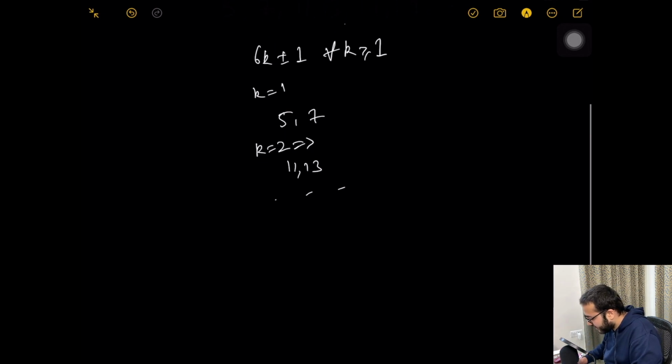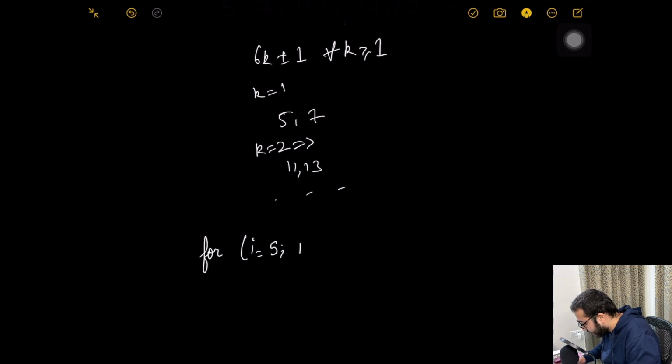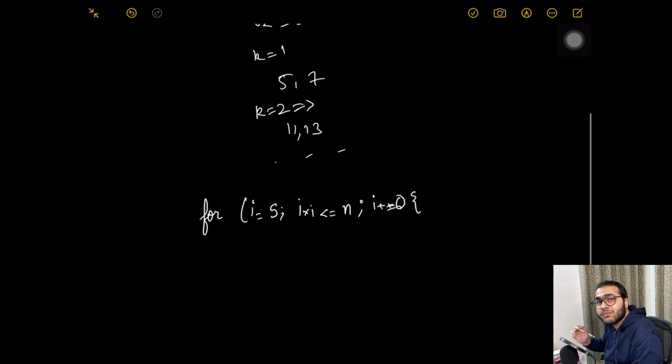So based on that, we can run a loop for i equal to 5, i less than or equal to the square root of n, i plus equal to 6, right? Because the numbers are of the form 6k plus minus 1. How? For i equal to 5, we can check if the number is divisible by 5 or if the number is divisible by 7.